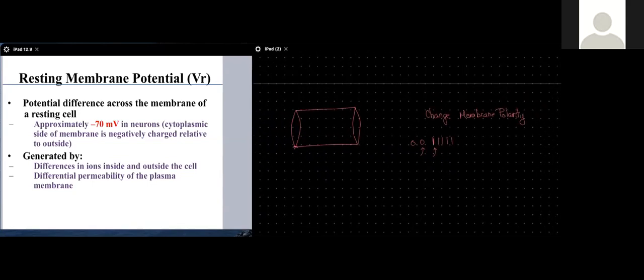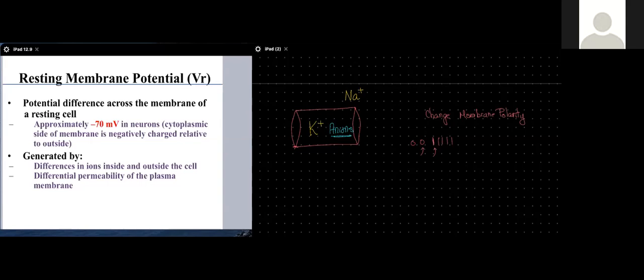Nerve cells, like any other cell in your body, have much more potassium on the inside, much more sodium outside of the cell. But inside of the cell is going to be more negatively charged because I have much more anions, more negatively charged ions.